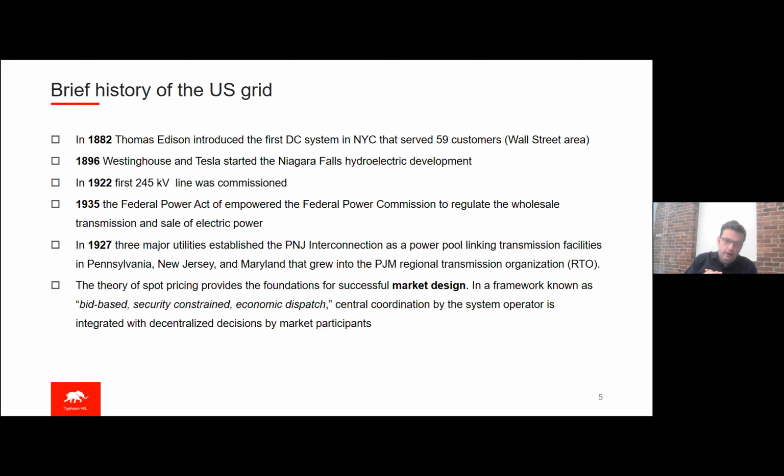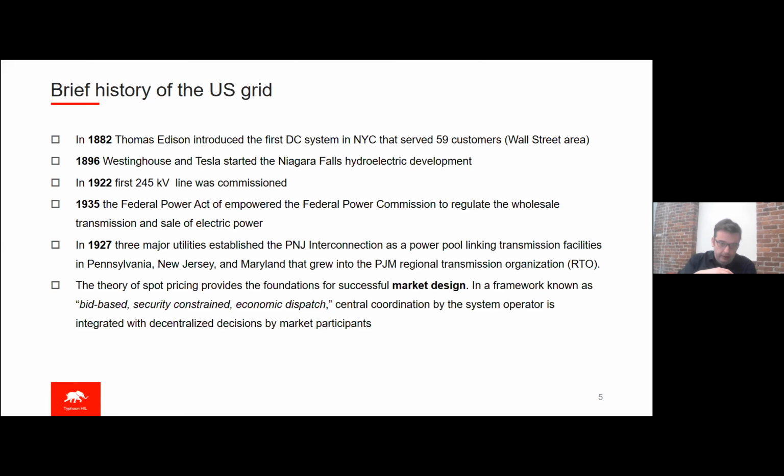What ensued after that is that people started building a somewhat decentralized grid, where they would have a synchronous generator source somewhat well coupled with the loads, and then very quickly they realized, well, okay, if we start networking these, we might actually be better off.